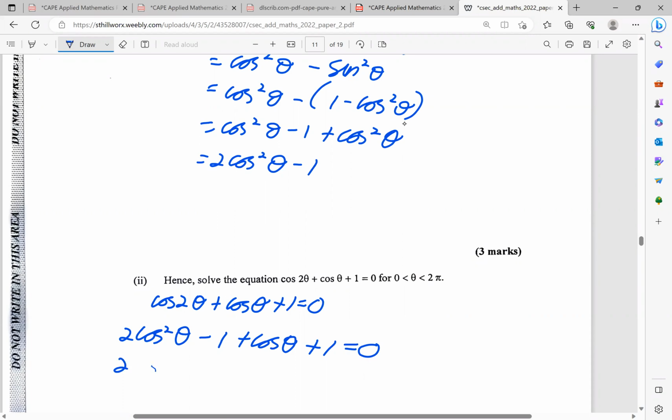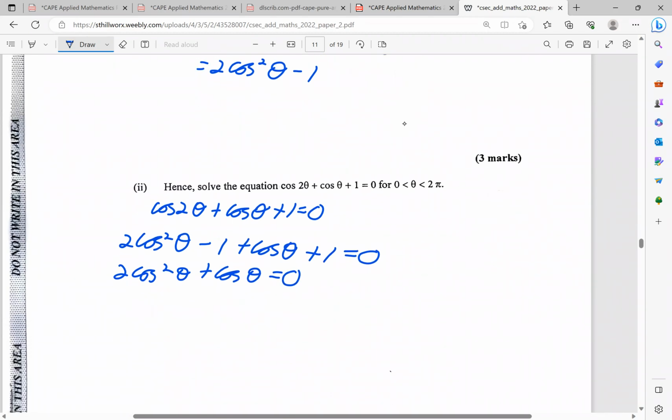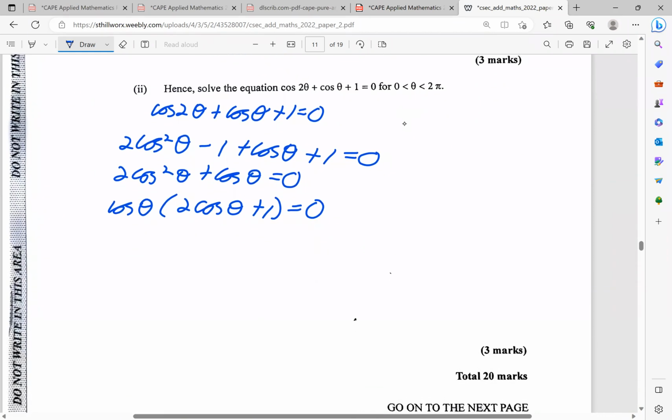We get 2 cos squared theta plus cos theta equal to 0. Factor cos theta: cos theta times (2 cos theta plus 1) equal to 0. Find this hard for 2 marks, boy. That's a hard 2 marks there.